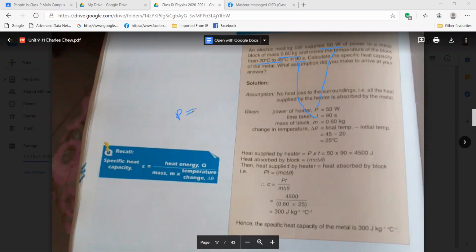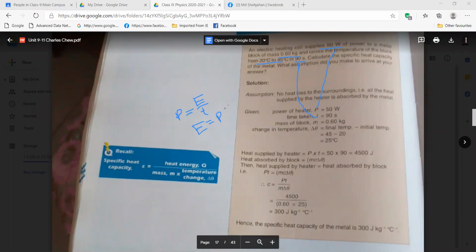Yes, sir. So we can write it this way, E by T. Then our energy we can write this way: energy equals P times T, right? Yes, sir. Energy equals P times T. All of you are getting it.